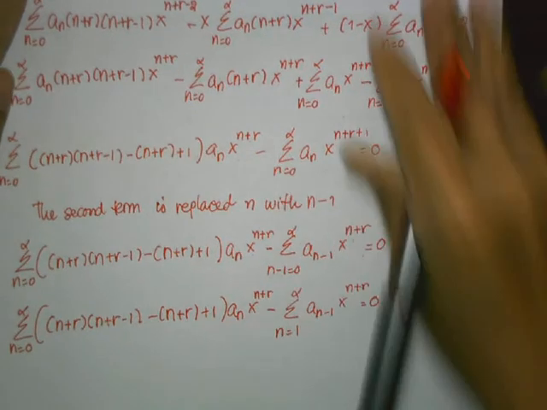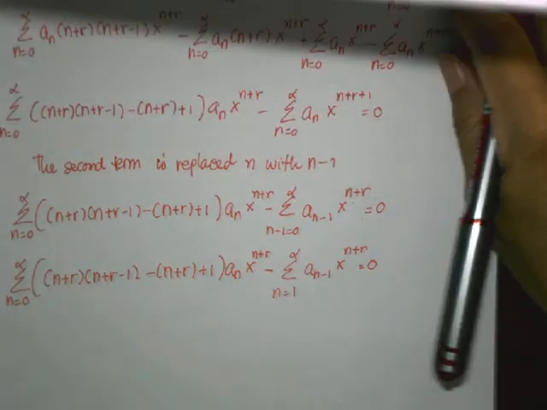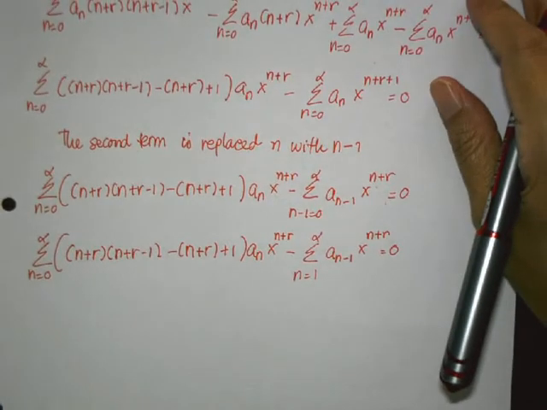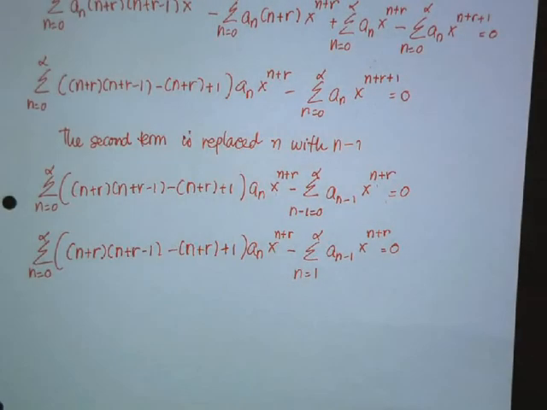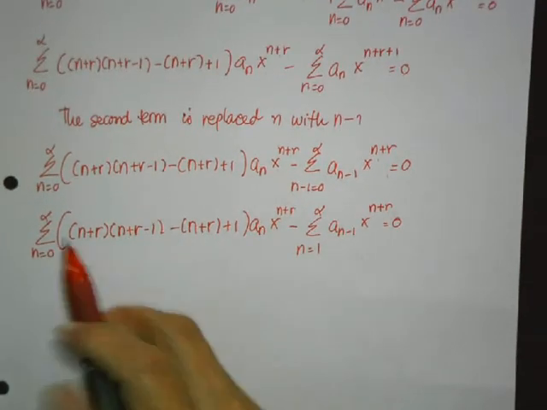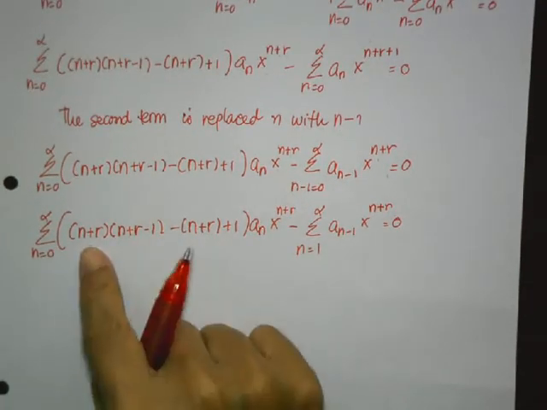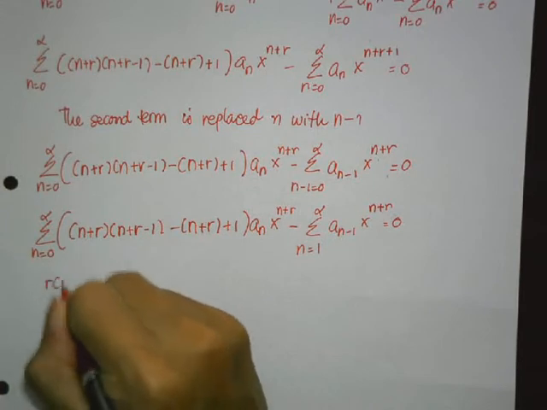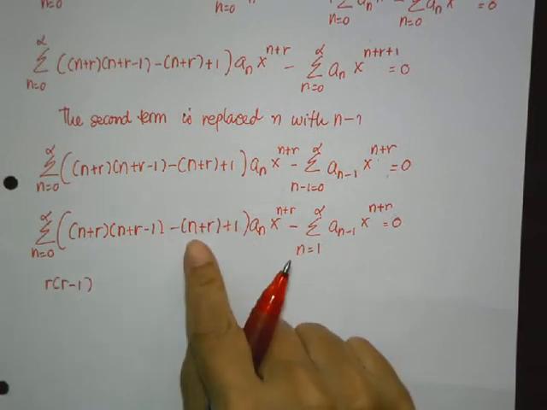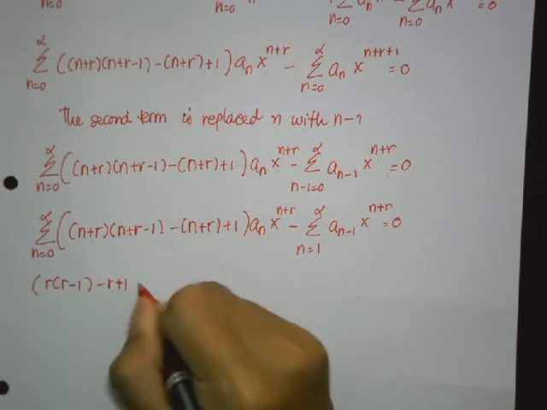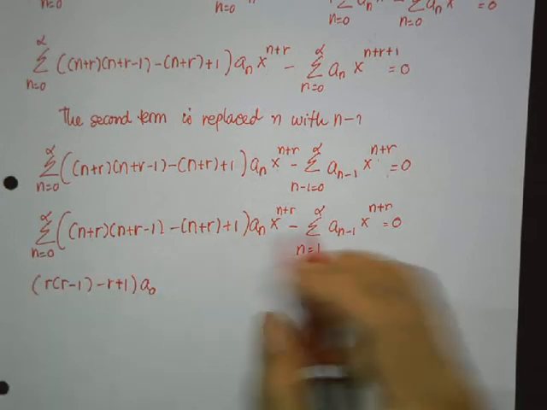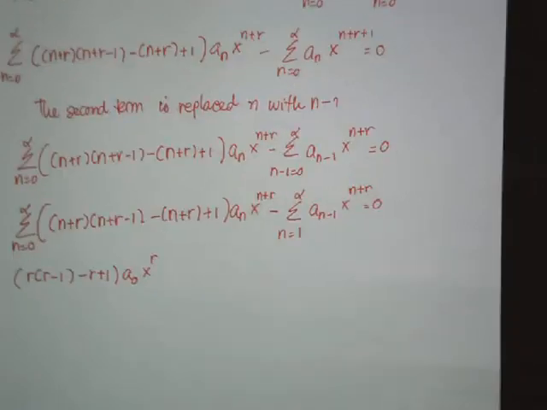In order to combine these two terms together, we plug n equal to 0 into the first term. If we put n equal to 0 into the first term, we would get r times (r minus 1) minus r plus 1, times a0 x to the power r.